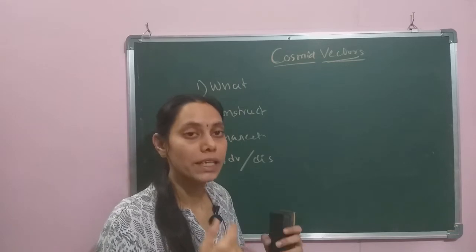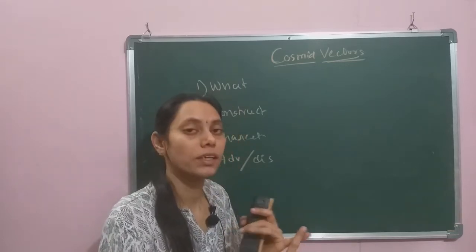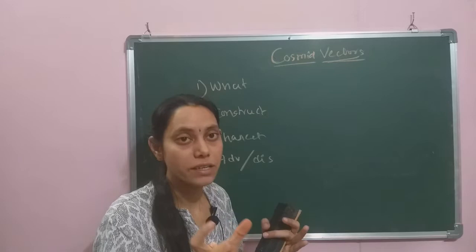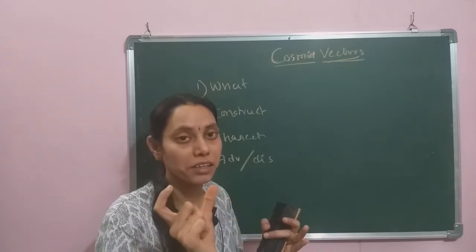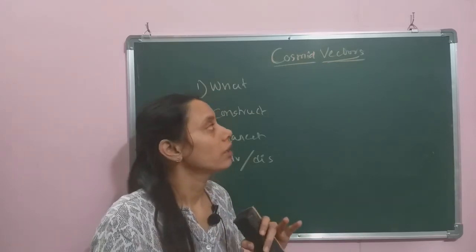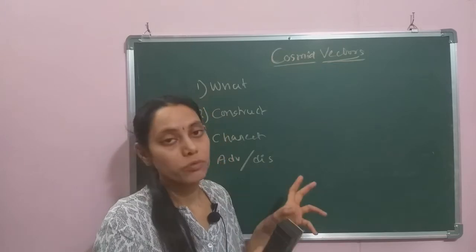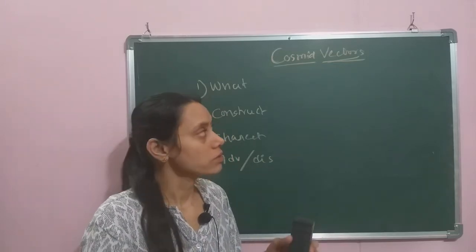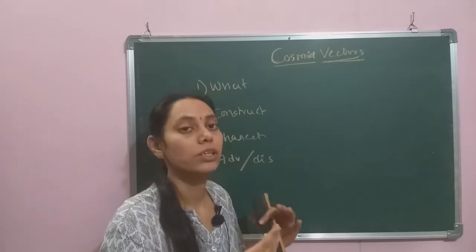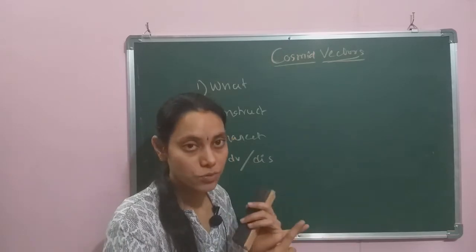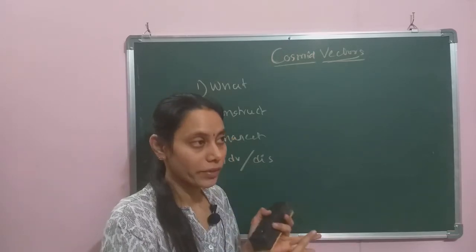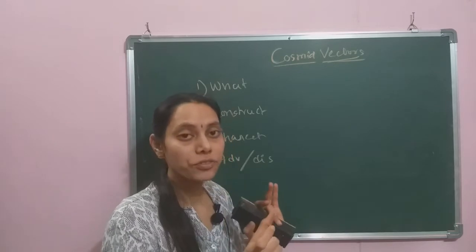So in order to increase the transformation efficiency and the size of the insert, that means the carrying capacity of the plasmid DNA, cosmid vectors are used. That is the basic reason why we need to use cosmid vectors: to increase the transformation efficiency and to increase the size of the DNA insert.